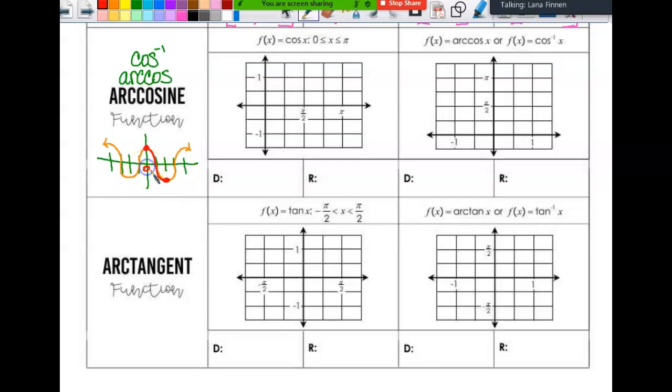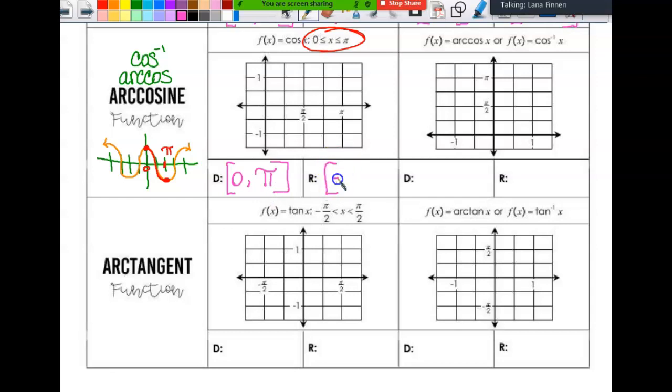So this takes me from 0 and this is at pi. So that's why my domain is restricted from 0 to pi. I'm not going on the negative side for cosine. So my domain, 0 to pi, that's my input for the kinds of questions we've been dealing with.